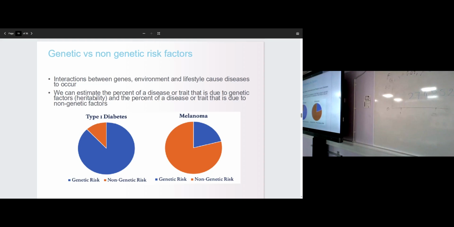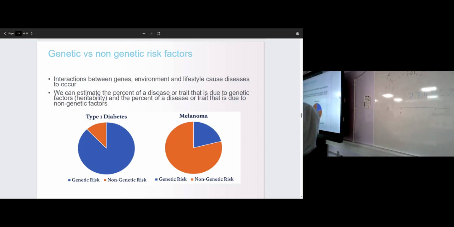That's why type 1 diabetes tends to be in children. No matter what you eat, you're most likely going to develop it. Whereas type 2 diabetes is the opposite. If you have bad diets, it's a lot more influenced by the environment. So for type 2 diabetes, the environmental contribution would be a lot bigger than the genetics.